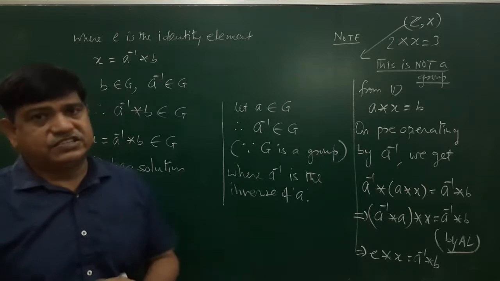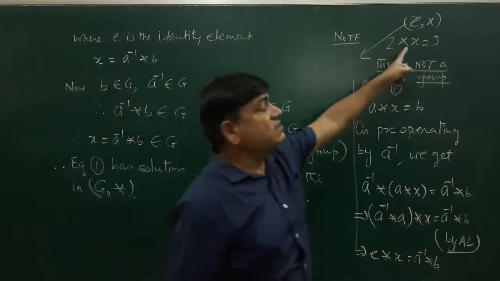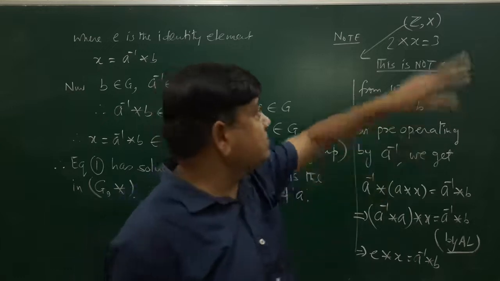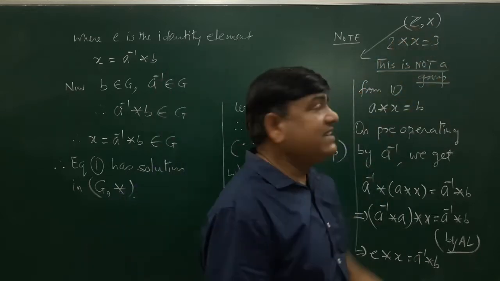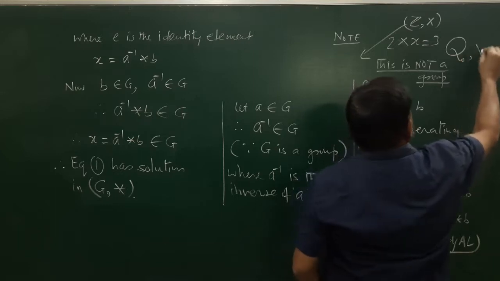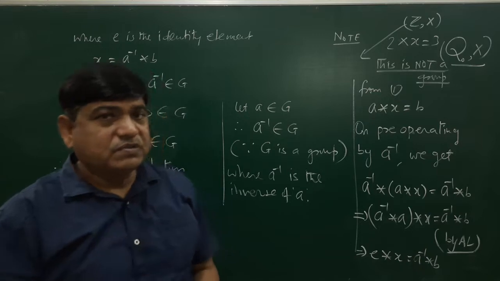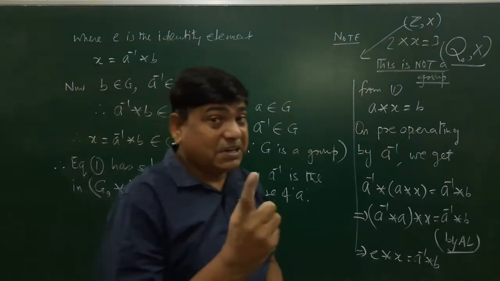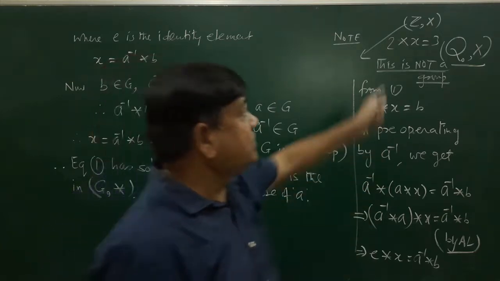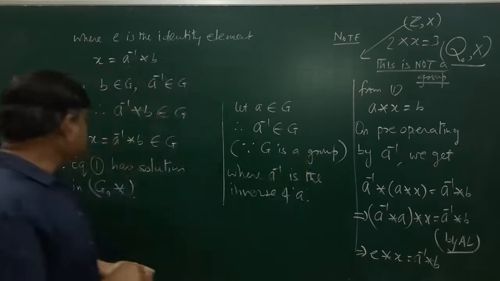Inverse does not exist. We know that this equation has the solution 3 by 2, but 3 by 2 is not a member of this set. Non-zero rational numbers, 0 ko hata ke. If I include 0, then again inverse does not exist, then that is not a group. So this is not a group, this is the binary composition. Okay, so let us continue.